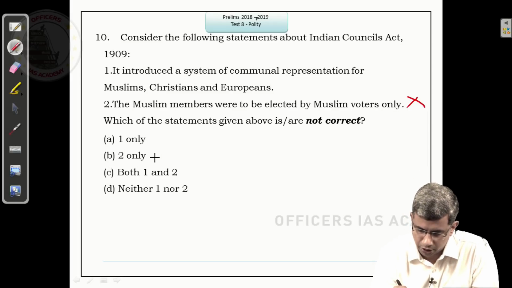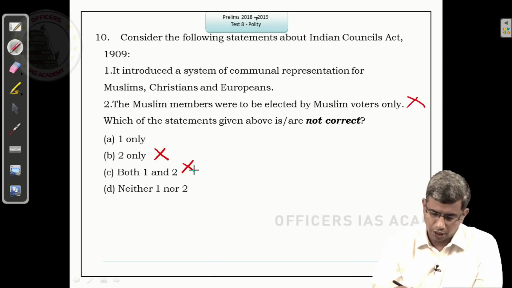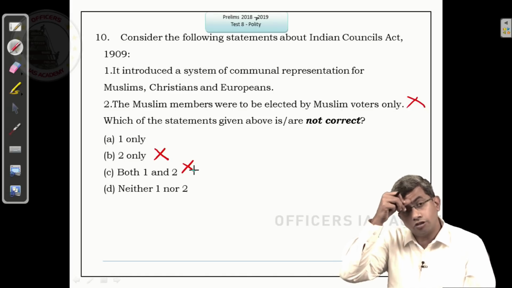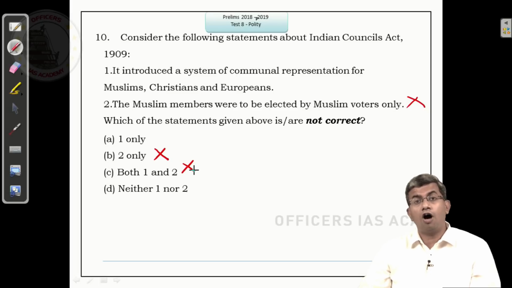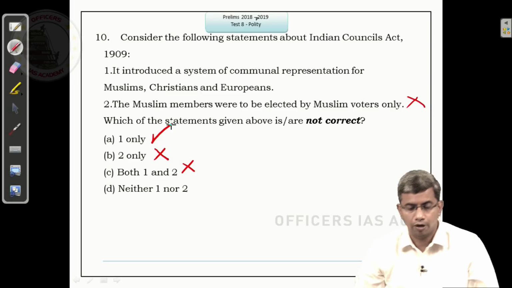So you automatically eliminate this and this. But the first statement, it introduces a system of communal representation for Muslims, Christians and Europeans. That is a wrong statement because it introduced communal representation only for Muslims. So the correct answer here is A, 1 only.